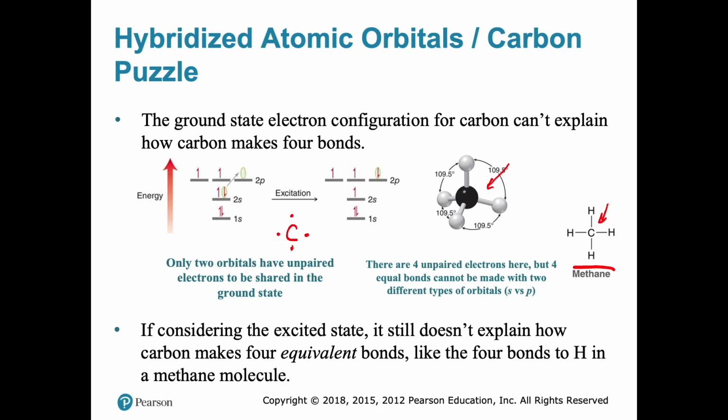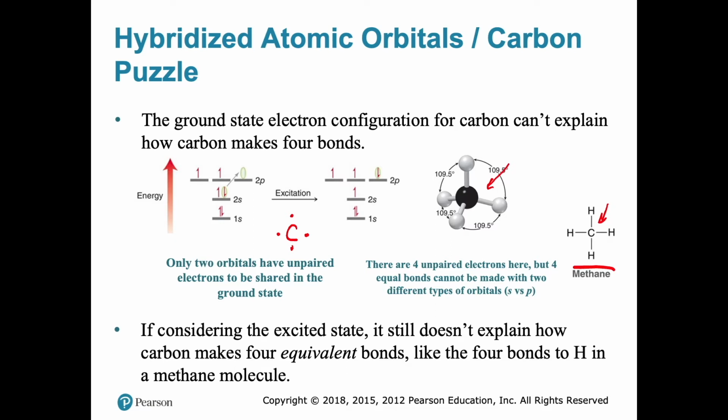Remember that carbon has a total of how many electrons? 6, right? Because its atomic number is 6, and the number of protons equals the number of electrons in the neutral atom. So that's 6. But it has 4 valence electrons, because those are the electrons on the outside. And then the center, right? The first shell is called the 1s orbital.